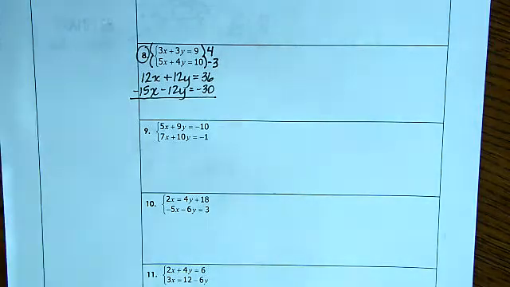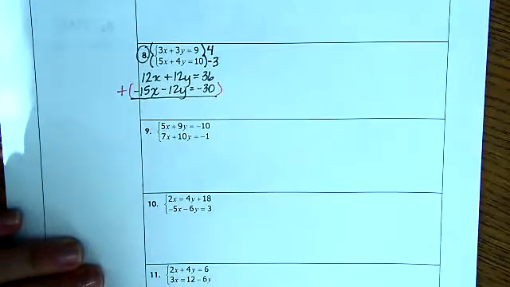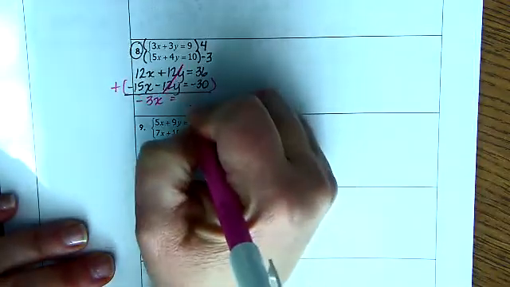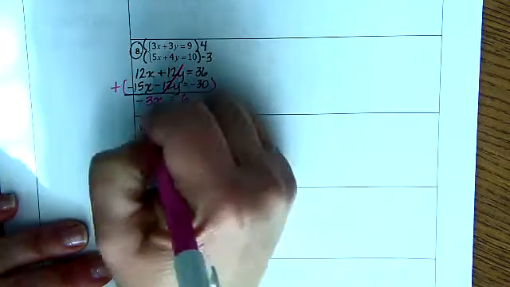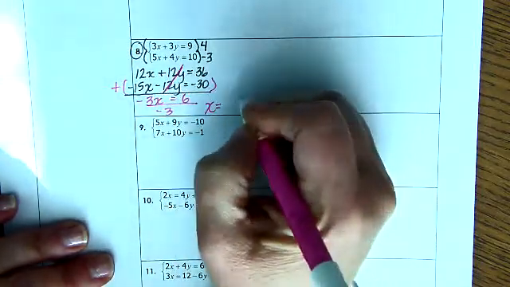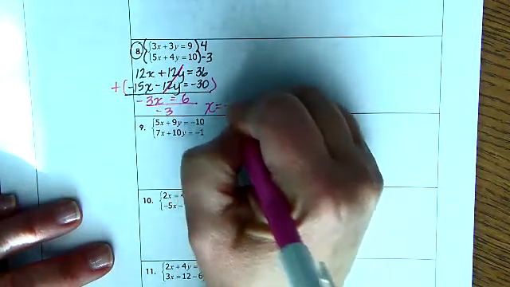Now I'm adding the two equations together. So when I do this, I end up with -3x. These cancel, equals 6. Divide by -3, and x equals -2.